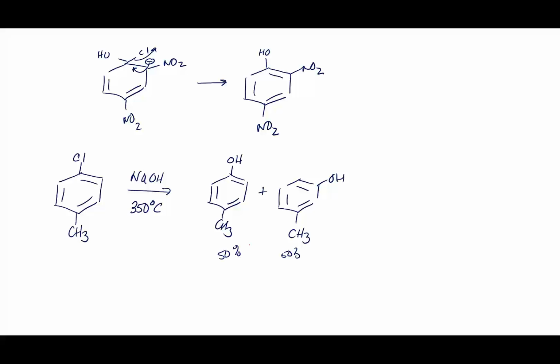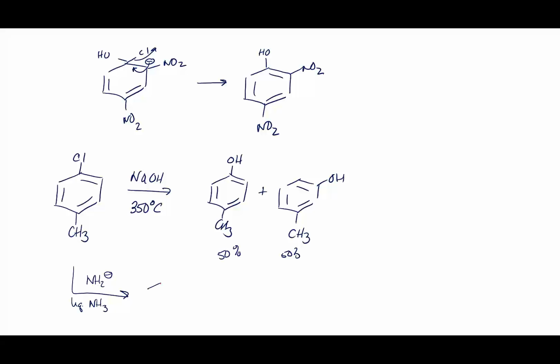So what mechanism did they accept? And before I go on to that, you could also do this reaction using NH2 minus in something like liquid ammonia. In that case, you're not going to heat the ring up to 350 degrees.